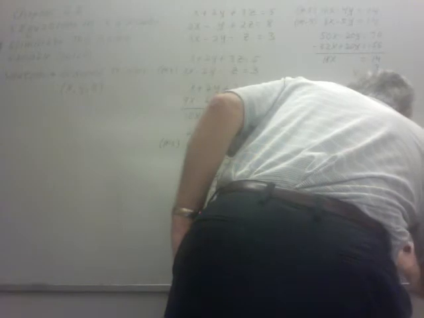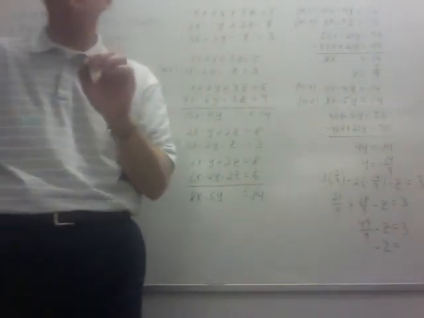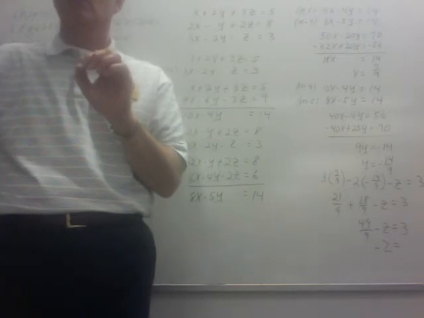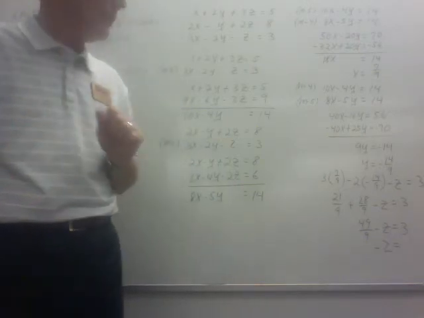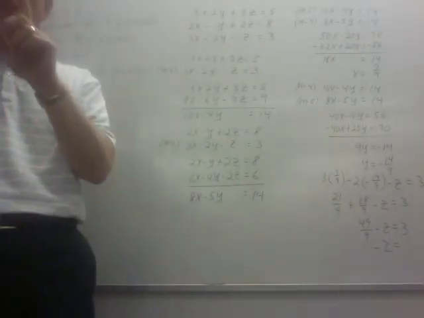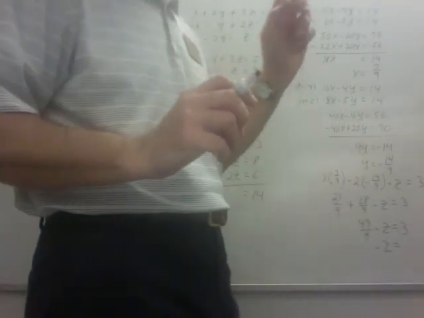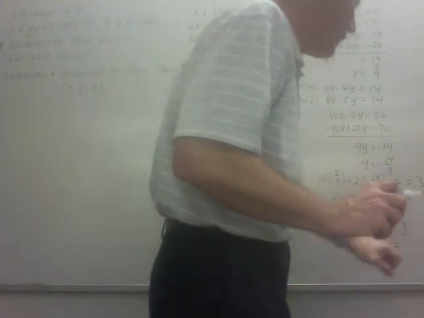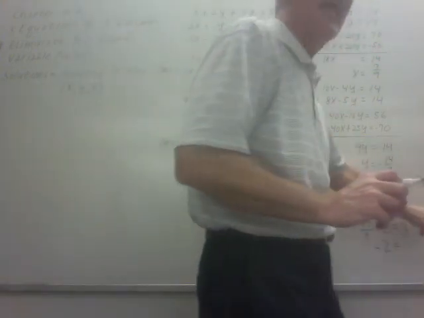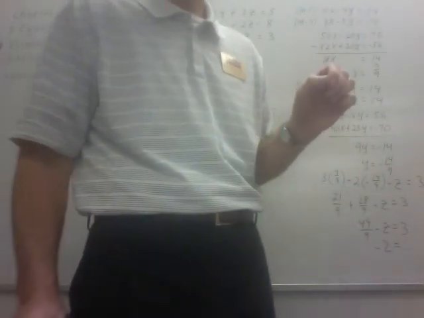So I end up with negative z is going to be equal to, first of all, the whole number 3 is how many ninths? 27/9, right? Okay. So I've got 27/9, which is going to be positive. Bring this over, I get a negative 49/9.